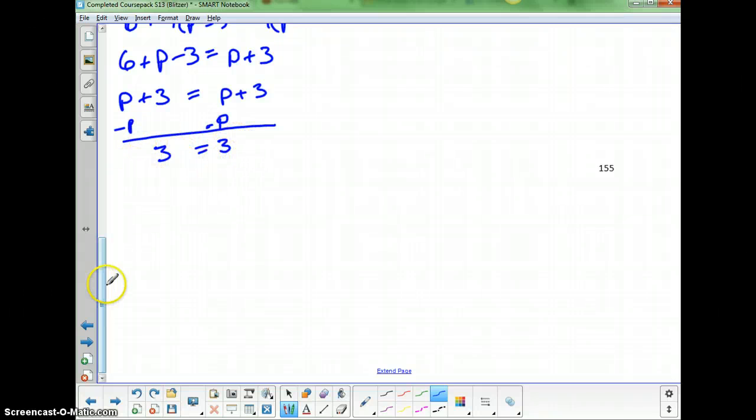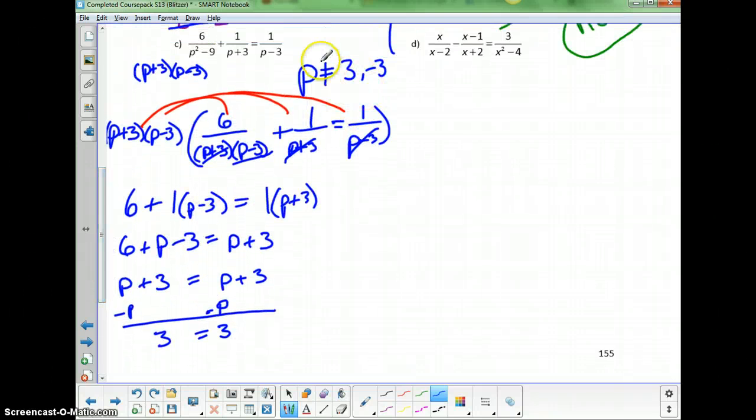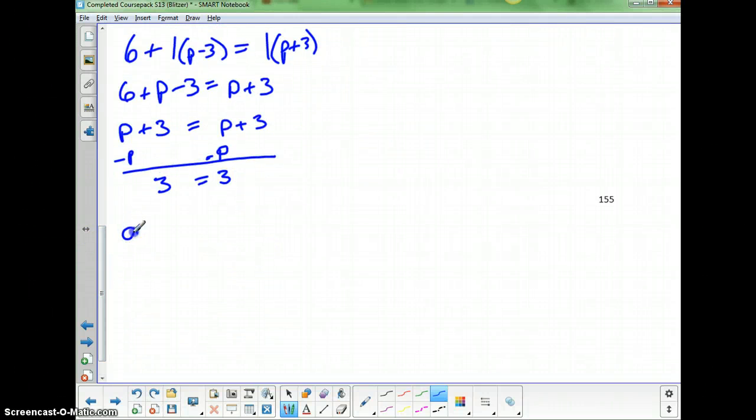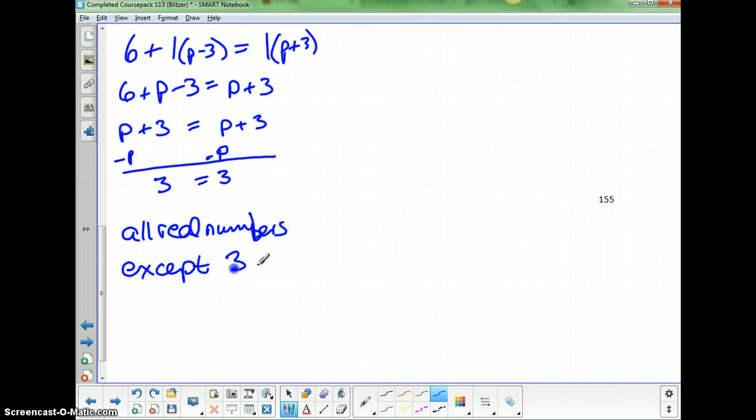Everything works, but we already know that these two numbers don't work. 3 and negative 3 don't work. So my answer is all real numbers except 3 and negative 3. So 4, 6, 10, any number that's not 3 or negative 3 works.